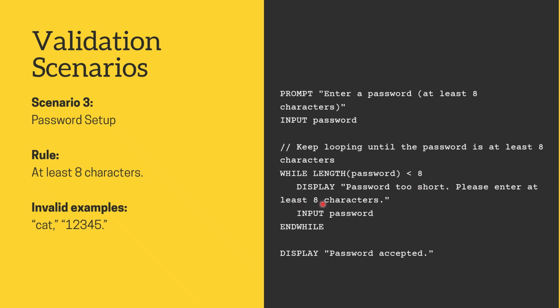Please enter at least 8 characters, and then they'll enter another password, and we'll keep looping until this statement is no longer true. Once this statement is no longer true, we're going to exit out of this while loop by saying end loop, and then we're going to display password accepted. Okay, make sense?